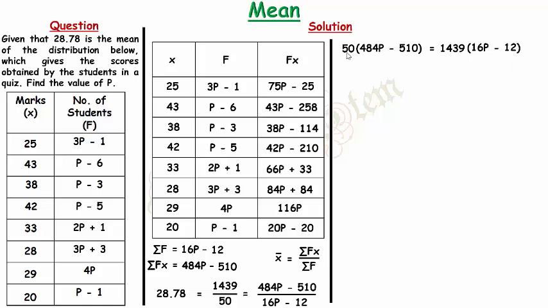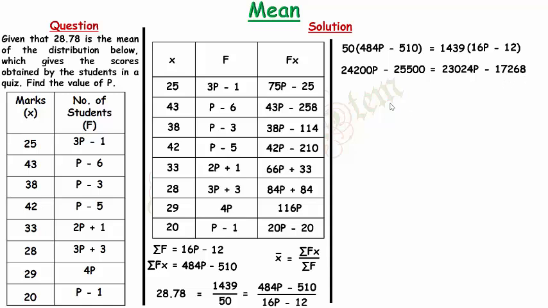Next, I'll expand the bracket. 50 times 484p is equal to 24,200p, minus 50 times 510 is 25,500, equals 1,439 multiplied by 16p equals 23,024p. Then this sign minus 1,439 multiplied by 12 is equal to 17,268.